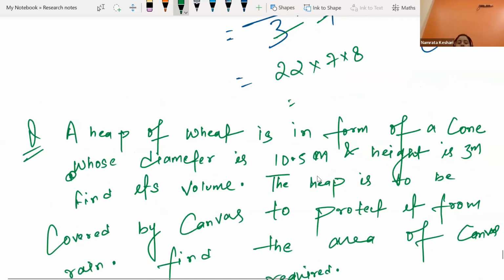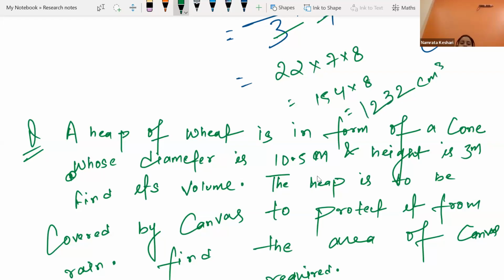Yes, what are you getting, Ryan? 1232 meter cube.